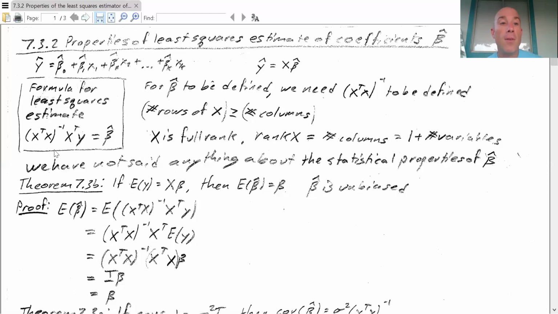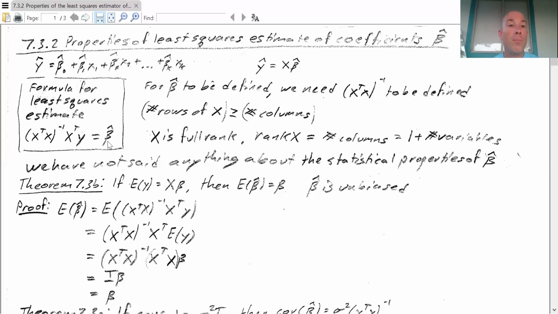Remember that I'm going to have predictor variable data and target variable data, which we get for free. So this X transpose Y is not a problem. Over here, inverses don't always exist. So it'll work out that if the inverse of this matrix exists, then the estimated coefficients will exist and be uniquely defined.